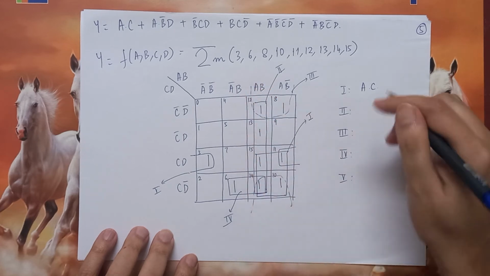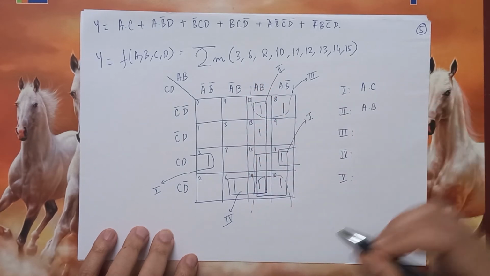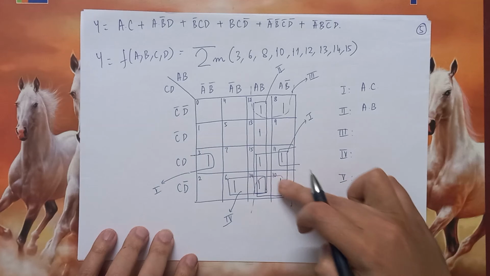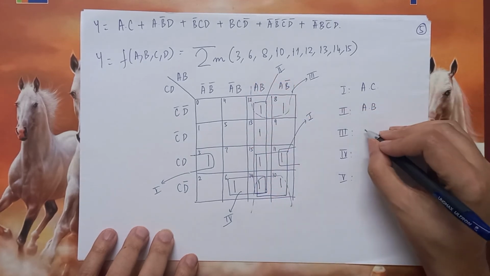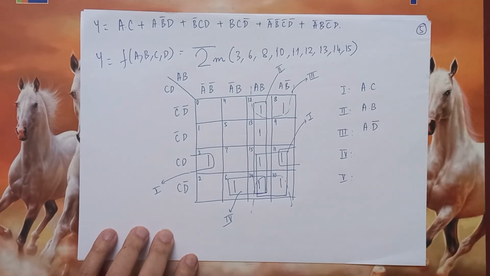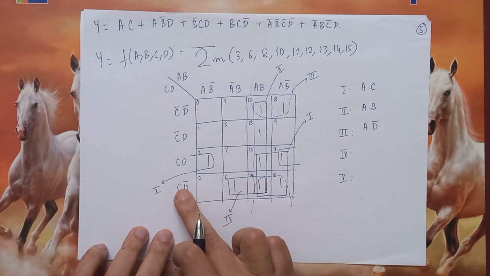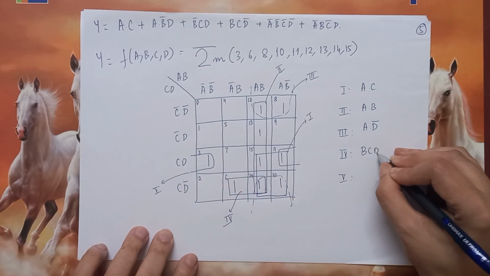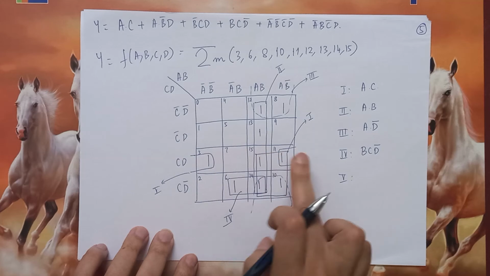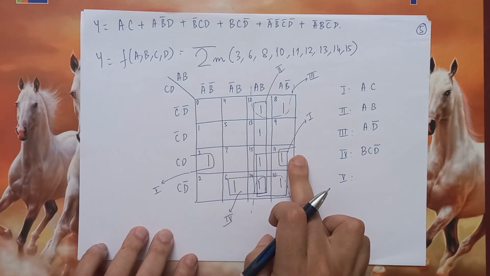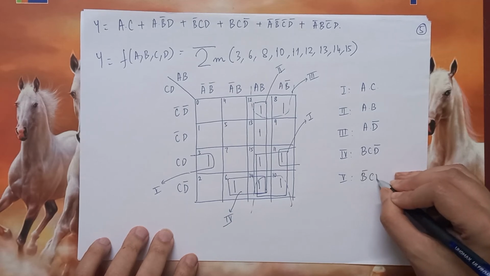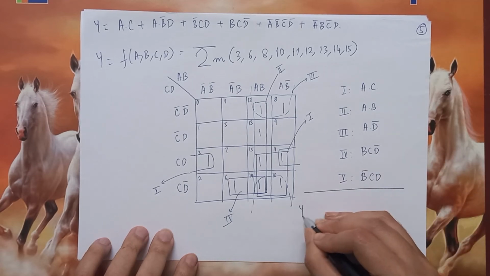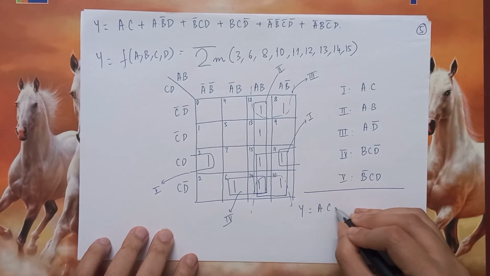The common terms are A and B. Group number 3, this edge: A and D bar. Group number 4: B, C, D bar. And group number 5 is B bar, C, D. So that means Y is a sum of all of this.